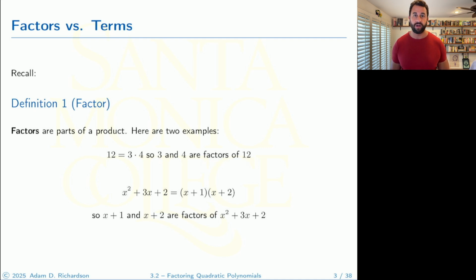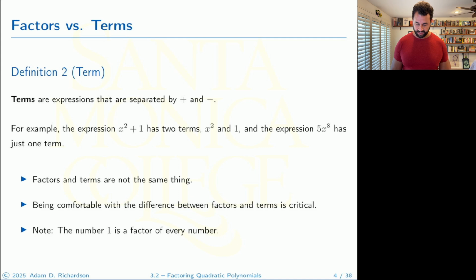They're parts of a product, right? This expression is a quadratic polynomial that we can factor. We factor it into x plus 1 times x plus 2. So x plus 1 and x plus 2 are factors of this expression right here, okay? That's what we do when we factor something. That's a factor. All right, so what is a term?